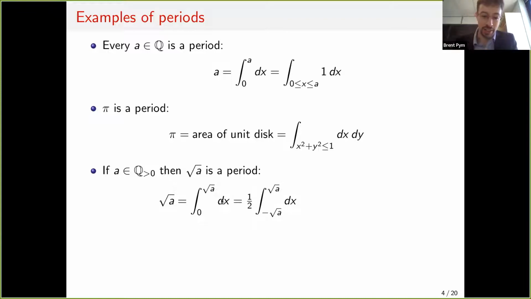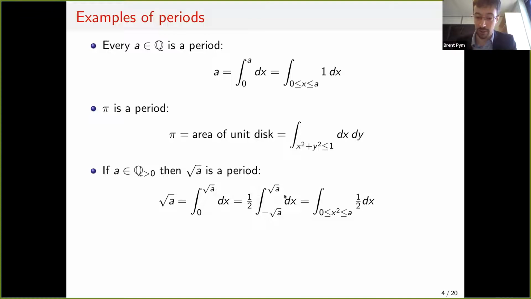And okay, well, I can observe that the integrand is an even function, so I could double the domain of integration and integrate instead from minus root a to root a and divide by a half. Okay, but now the thing is that if x is between minus root a and plus root a, then x squared is between 0 and a.